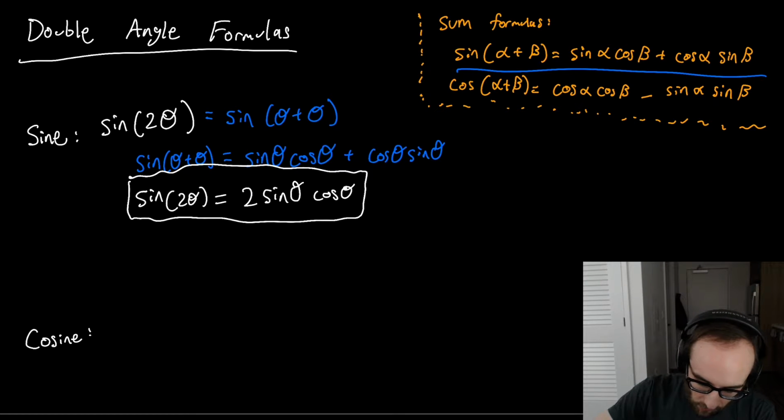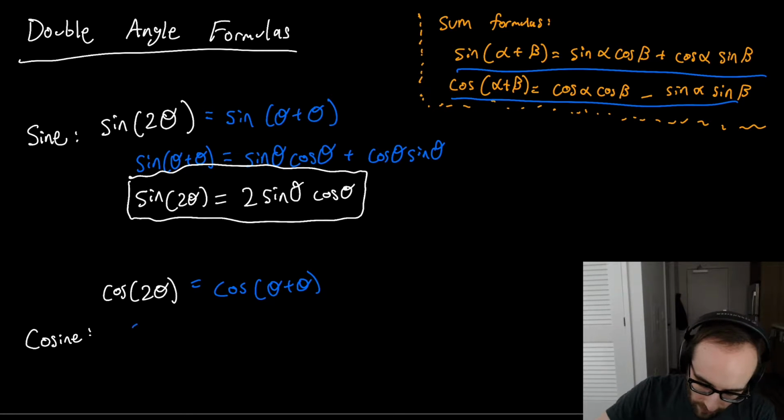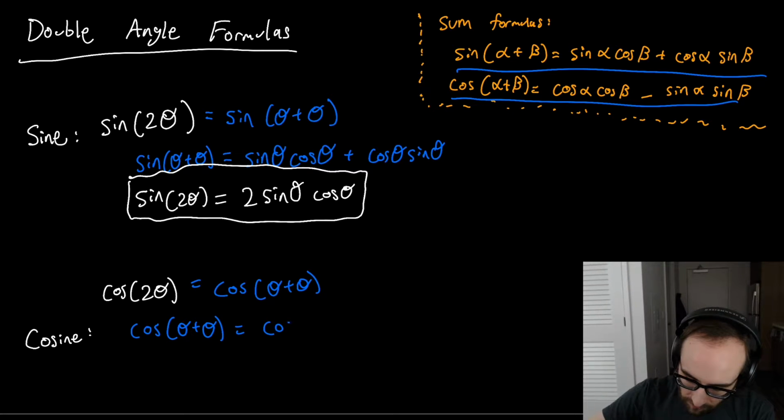Let's also take a look at cosine. So for cosine, we're looking at cosine of 2 theta. Just like with sine, we can rewrite this as cosine of theta plus theta. And then use our sum formula up here to rewrite cosine of theta plus theta. So we get cosine of theta cosine theta minus sine theta sine theta.